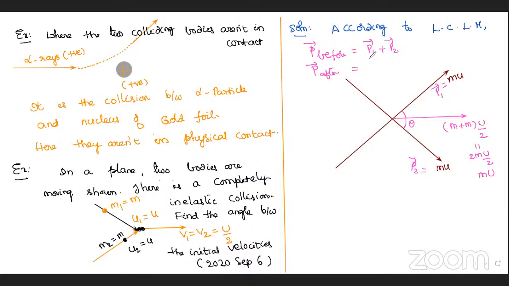Okay, I think you are not catching my point. That's why you are not able to say. It is easy. P after, which goes in this direction, which is m plus m into u by 2, let it be P bar. So according to conservation of linear momentum, P before is equals to P after.